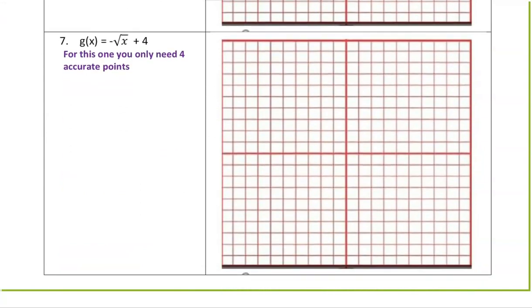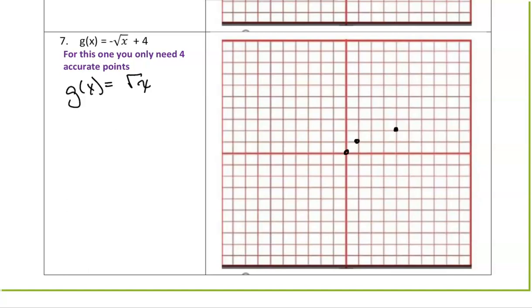Look at this one. Get yourself a parent function, which is going to be g of x equals radical x. So square root of 0 is 0. Square root of 1 is 1. Square root of 4 is 2.